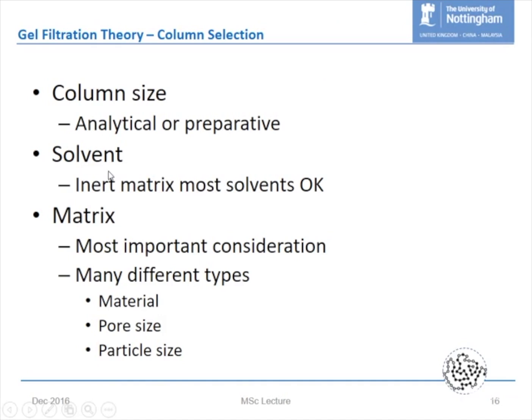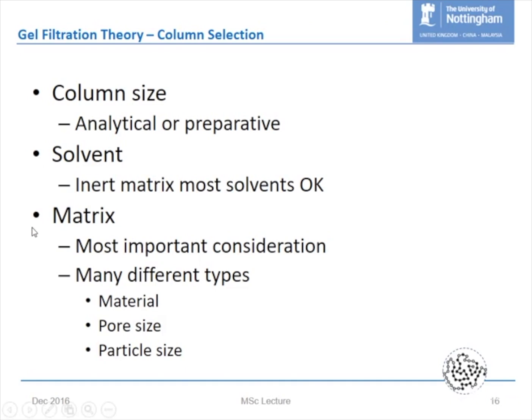In terms of the phases themselves, most of the phases are reasonably inert to solvents, so we can pretty much take any solvent, but you can have polar ones and non-polar systems.